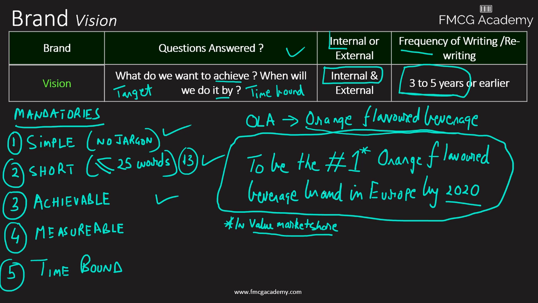It is measurable. We've already had a look at that with value market share. Also, we've been quite specific in what segment it is. It's an orange flavored beverage brand. And what is the geographical scope of the vision? We've specified that. It's in Europe. So if you're a one country brand, you might specify that it's going to be the biggest in the US or in India or in China or in Australia. So you've covered a lot of those.